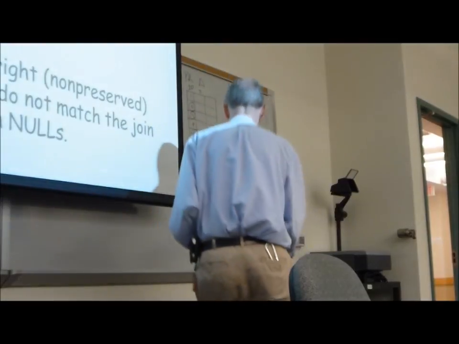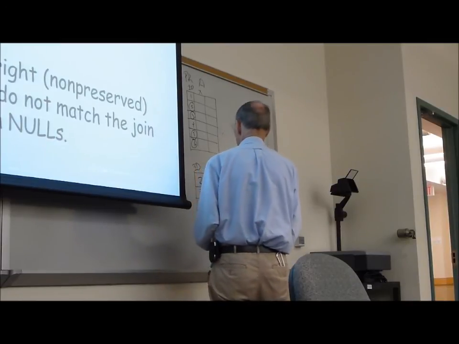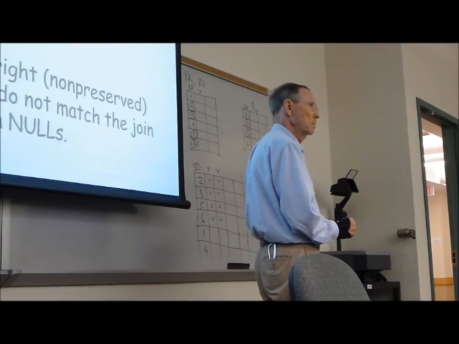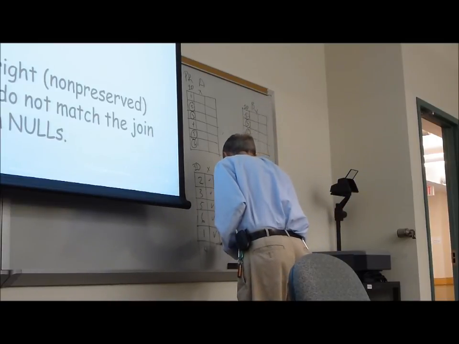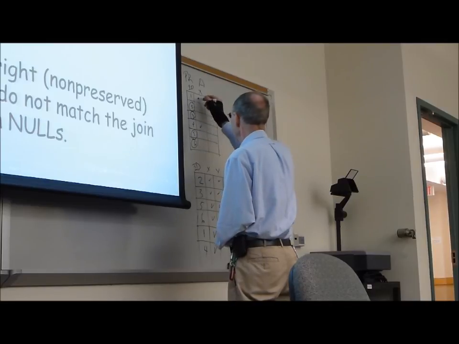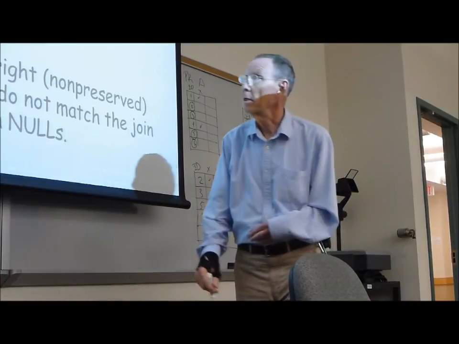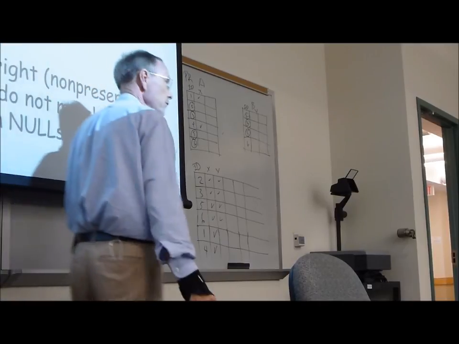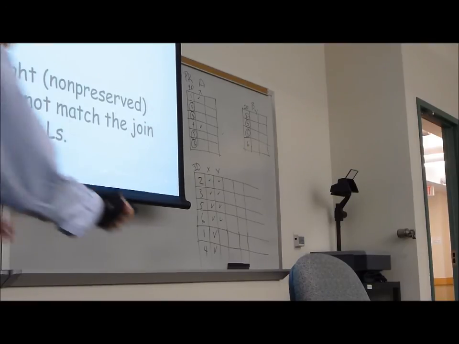So we're going to add these in, 1 and 4. We have some X information in here for those, right here. We have no Y information because there's nothing over there. The column values from the right non-preserved table, that's their terminology, for the rows that do not match, we'll add nulls.